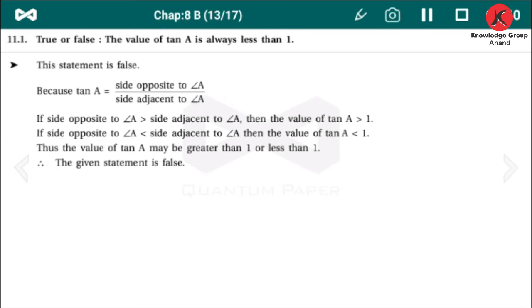Suppose the opposite side is less than the adjacent side, then its value is less than 1, and if the opposite is equal to the adjacent side, then its value is 1. So it is not always less than 1; it may be greater than 1, less than 1, or equal to 1. Therefore, this statement is false.